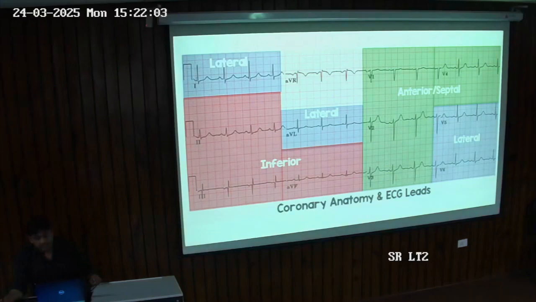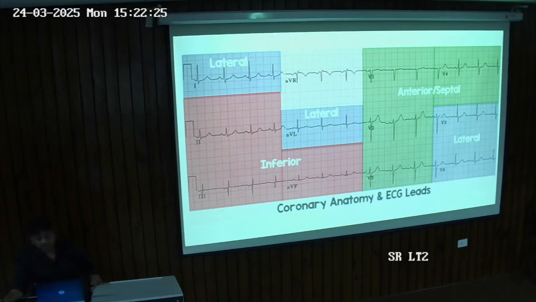In the complete ECG, we divide the areas of myocardium. First and AVL denote the lateral aspect of the myocardium.